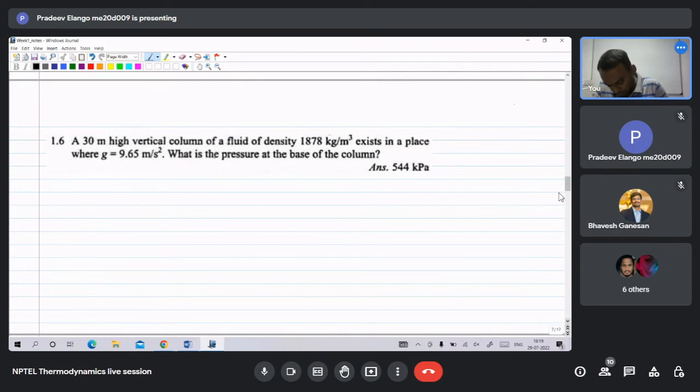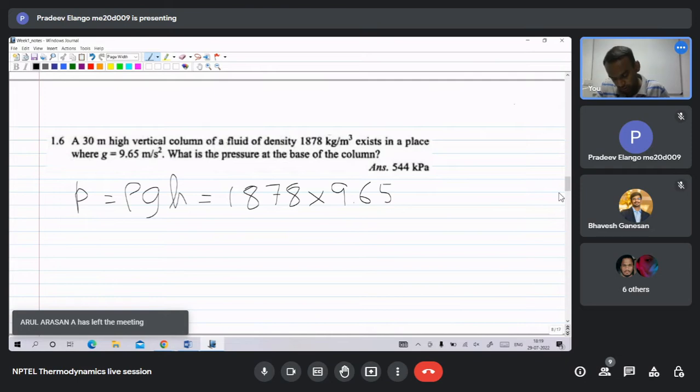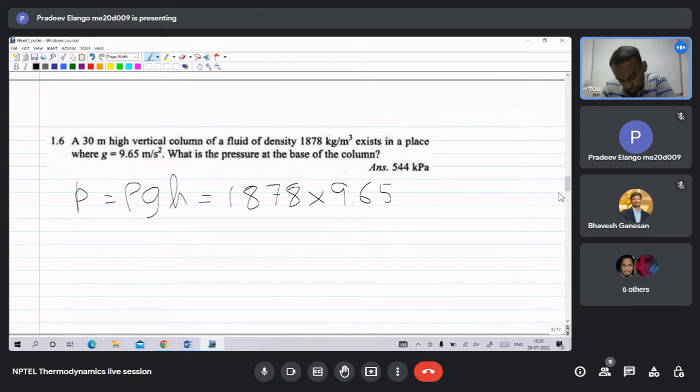So again this pressure is given by rho gh. Rho is 1878 into g is 9.65. Since the g is specifically given, we take the g value that is given, otherwise we take 9.81. And now we have h to be 30 meters.